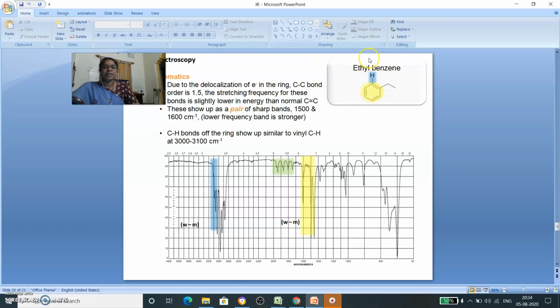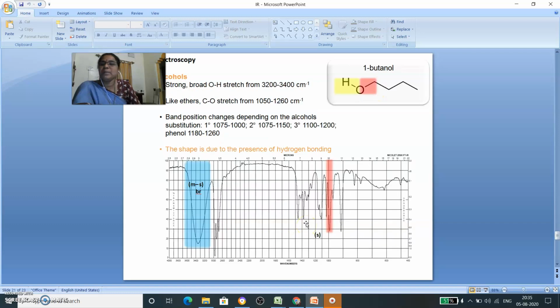Like this, you consider ethyl benzene, right? CH bonds will have the region between 3000 to 3100 centimeters. In case of C double bond C, because here you can see benzene, it is 1500 to 1600 centimeters. So this CH is 3000 to 3100 centimeters inverse, because we are considering in terms of wave number.